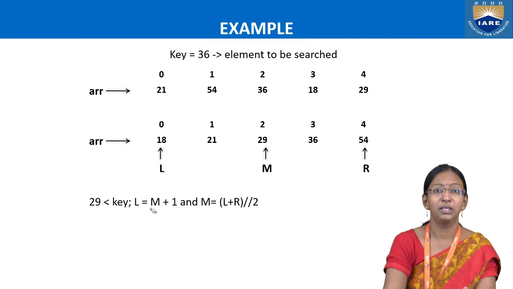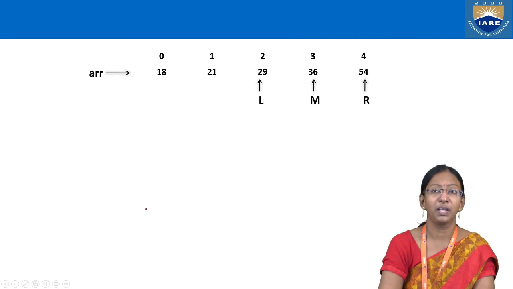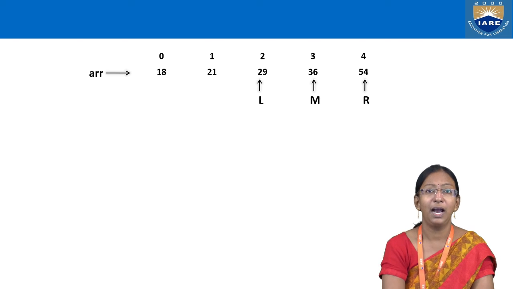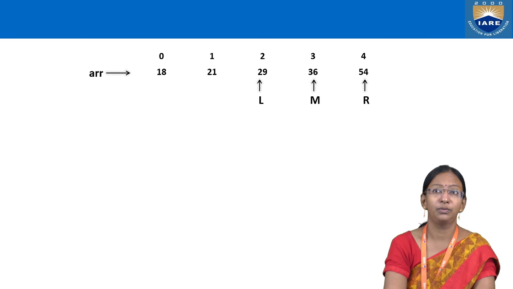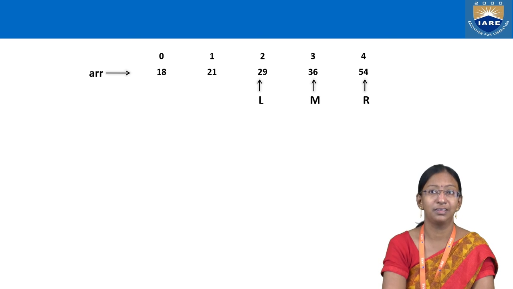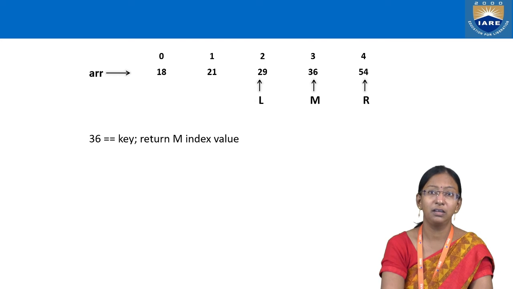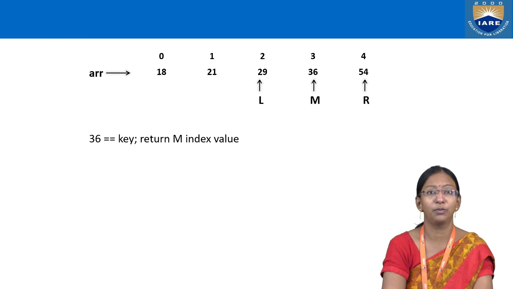Now it is going to take a new step. L is repositioned, and again calculate the M value. Now M is going to point to 36. Now is the middle element equal to the key or not? Yes, it is a hit and it returns the index value.